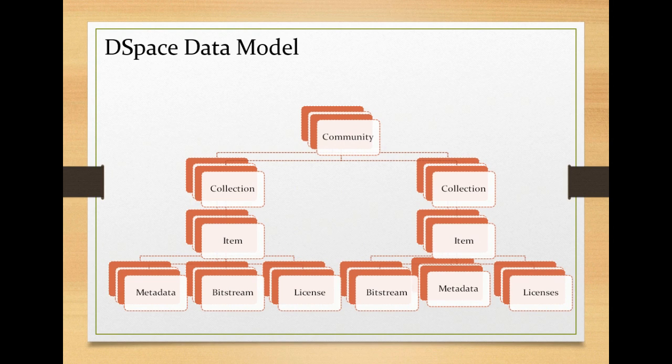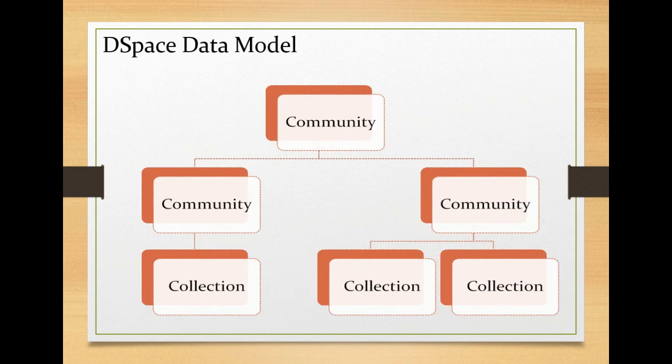Let us see another example. As I said, one community can have multiple sub communities, and in each sub community there can be one or more than one collection. Here one thing is very important: one community can have further sub communities, and a sub community again can further have sub communities.